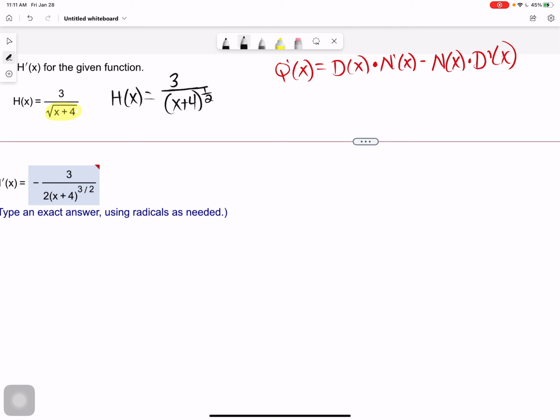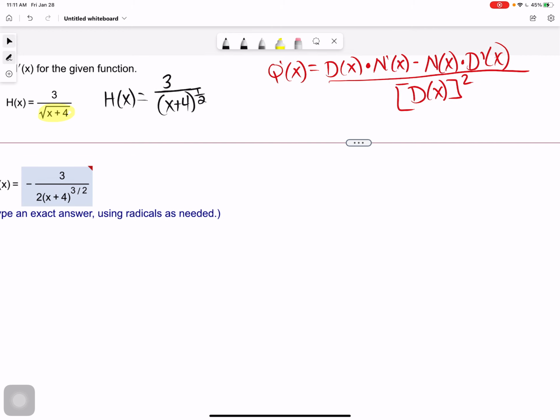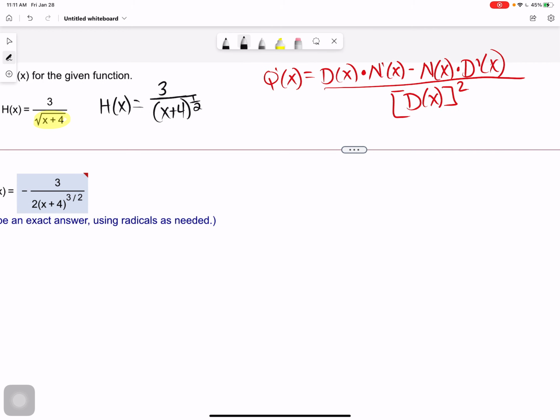And then we're going to put all of that over our denominator, or that bottom expression, squared. So that's the rule that we're going to use here. Remember, that is our quotient rule, right?